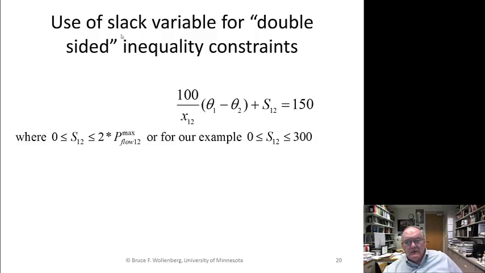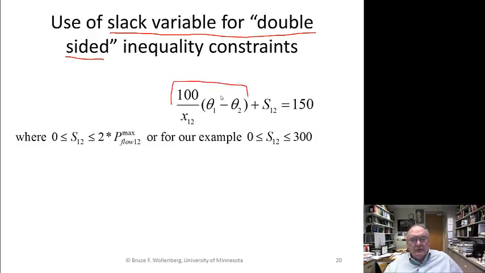We develop what we call a slack variable method for a double-sided constraint. Double-sided simply means that the flow, that's this value, we want to constrain it to be less than plus 150 and greater than minus 150. So it has to be between minus 150 and plus 150. This is a technique I worked out years ago, and it's nothing earth-shaking.